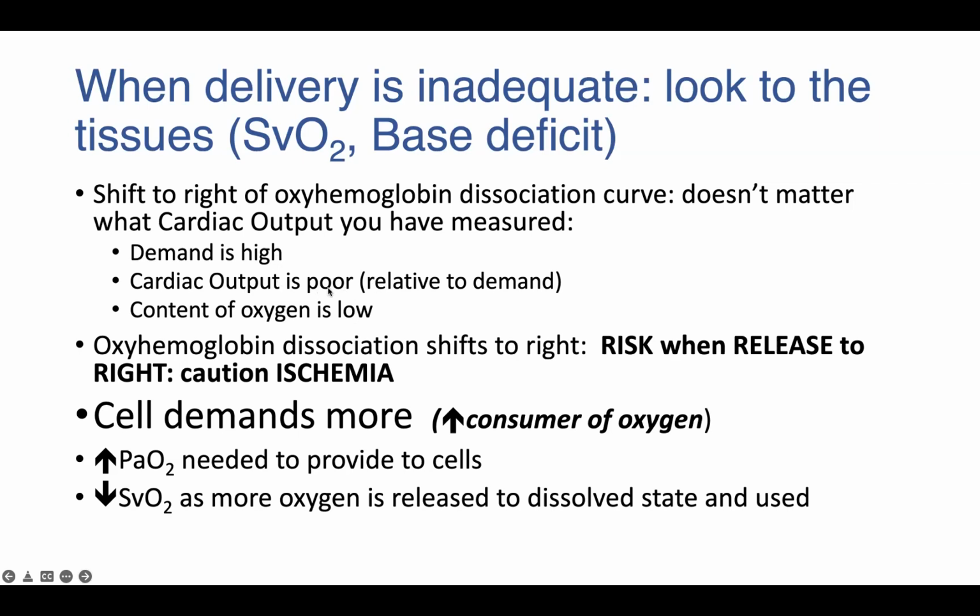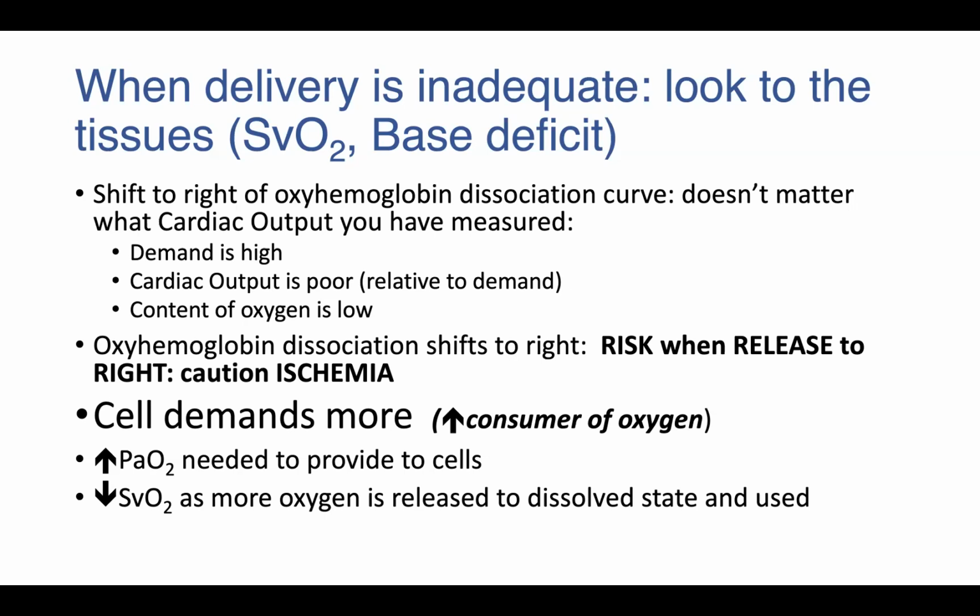And by the way, not by numbers, guys. You wrote some number down, which was wonderful, from your FloTrac or from your hemosphere or from whatever way you might be measuring cardiac output. And that number looks fine. But if I have a patient who is dissociating oxygen from his hemoglobin, and I measure that with the SvO2, that is not a good cardiac output. Doesn't matter what the number is.